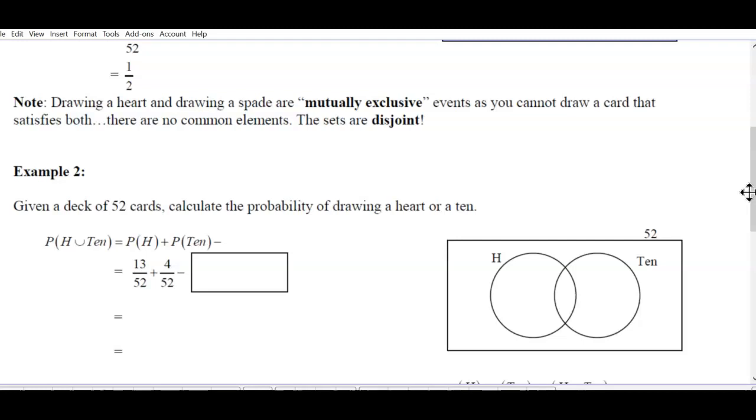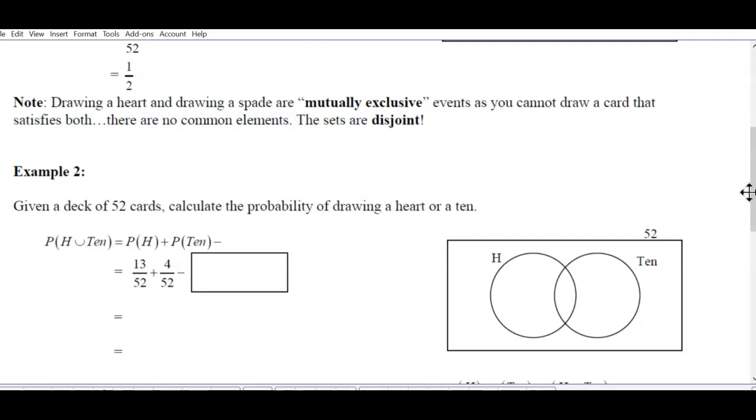Now, a different one, and we did one like this last week, drawing a heart or a 10. So, hearts here, notice these sets are overlapped, because you can have the 10 of hearts. Okay? So, when we try to find this probability, we add them together, but then we have to subtract the overlap because they are not mutually exclusive.